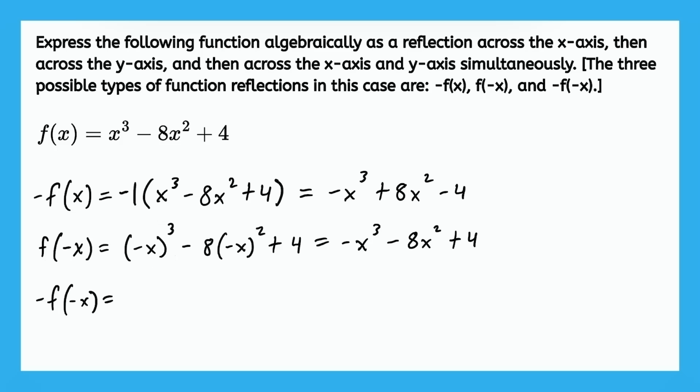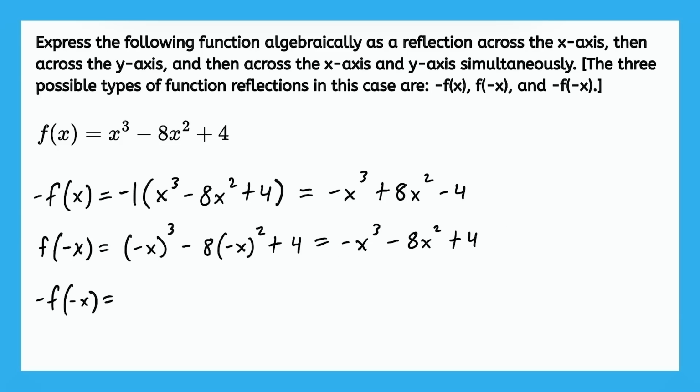Now, in the second case of x in this function, we had a negative x squared. A negative times a negative is a positive, so that negative disappeared, and we still have that negative in front of 8, just like in the original function. And lastly, in this case, nothing happens to the 4 because there is no x in that part of the function. All right, so there is our algebraic representation of the function when we reflect across the y-axis.